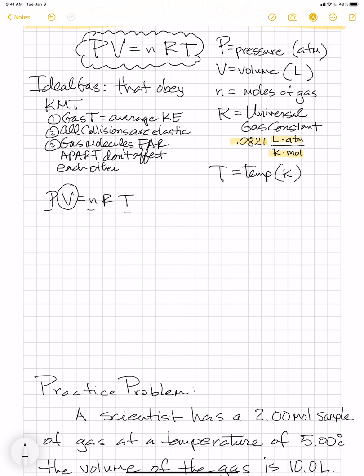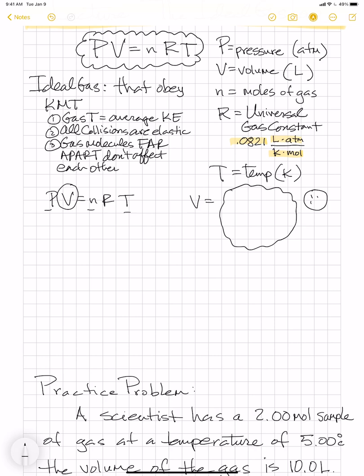Now, one thing about the ideal gas law is when you solve problems with it, it's easier to change the equation around with the letters before you plug in the numbers. Let me show you what I mean. If we were solving for V, I would want to have a formula that says something like V equals and then something in here. If I had that, then my life would be easy.